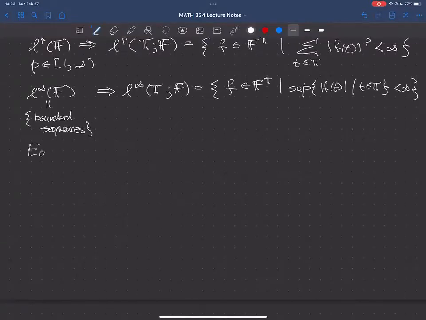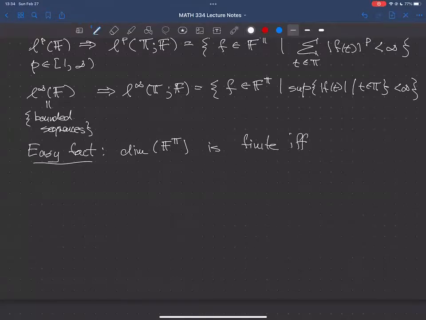So an easy fact, and I'll sketch how you do that, is that the dimension of F to the T is finite if and only if, and this is actually true for all of the spaces. Let me say it all at once.